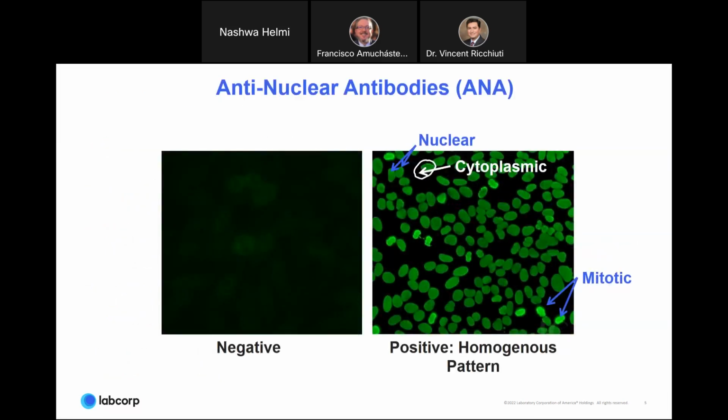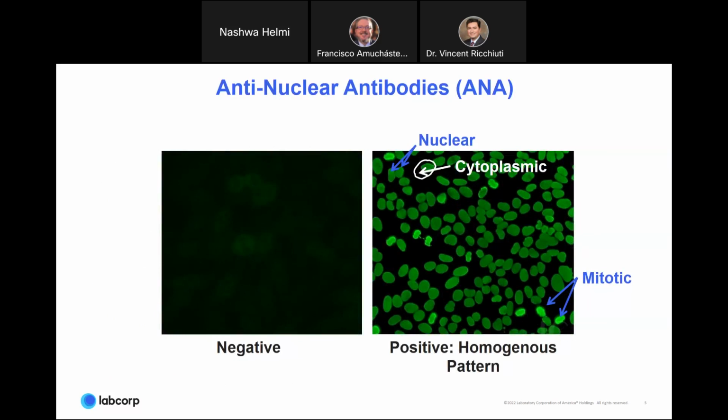So this is what anti-nuclear antibody IFA looks like. The negative patient, called negative here, appears completely dark, but it will often display a low level of non-specific fluorescence. If you look in the background of the picture, you can see some green, but it's very, very weak, as shown on the left side of the negative patient.